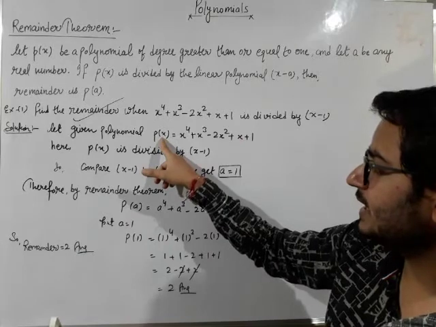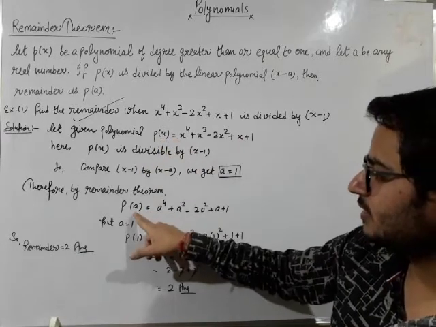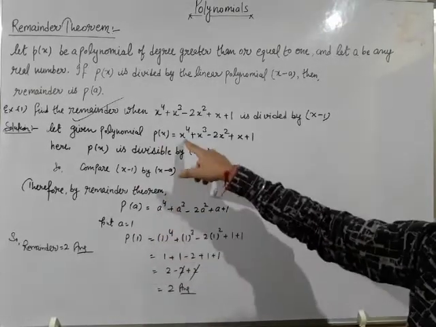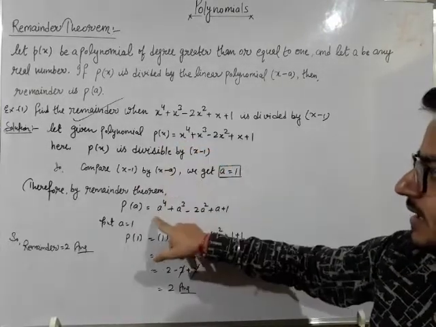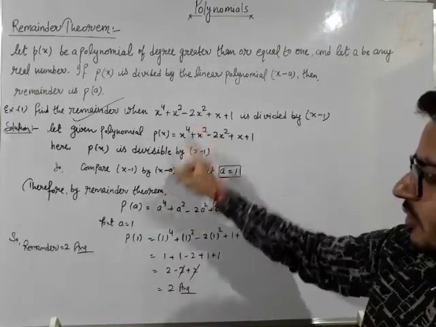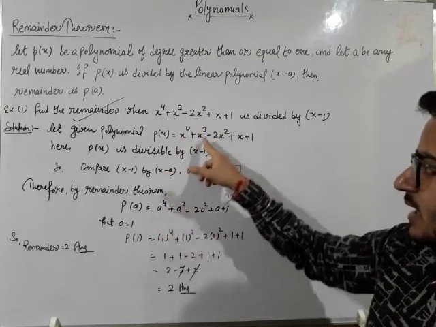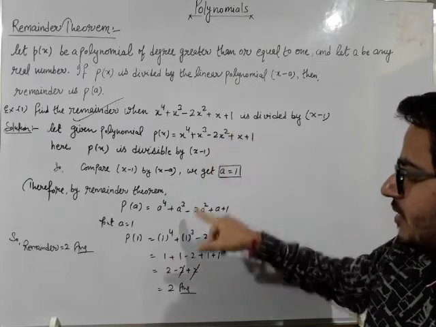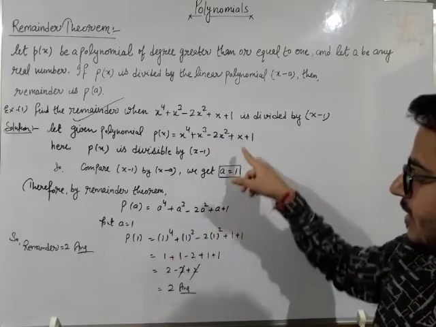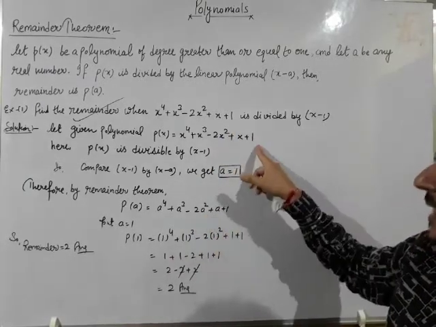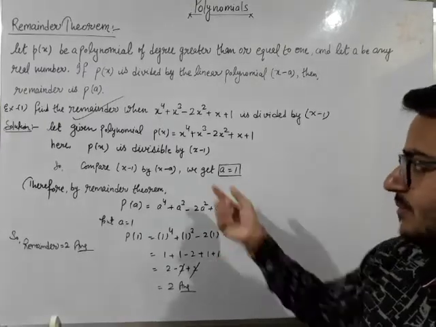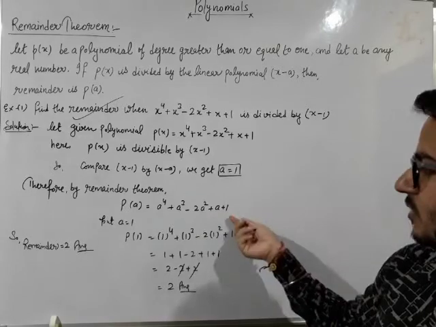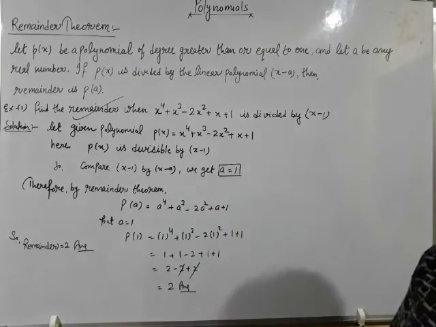Put a in place of x, we get P(a) is equal to a raised to the power 4 plus a cube minus 2a square plus a plus 1. x^4 becomes a^4, x cube becomes a cube, minus 2x square becomes minus 2a square, x becomes a, and all the things will remain same. Plus and minus signs will remain same, powers will be same, and the constant term 1 will also remain same.